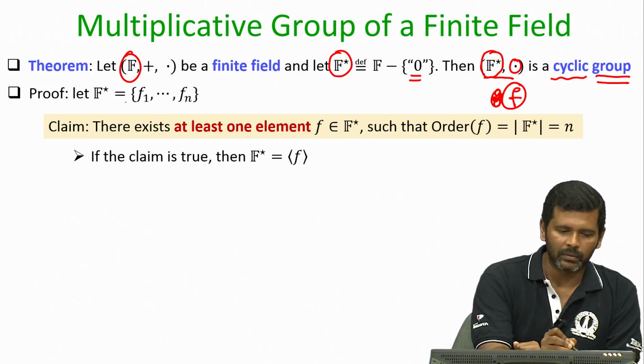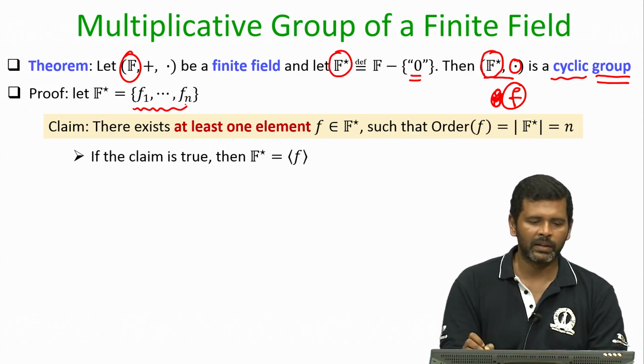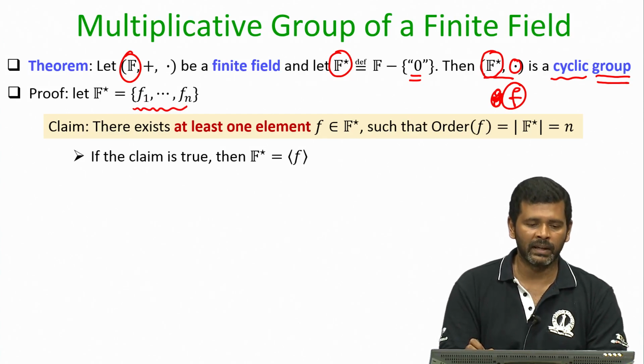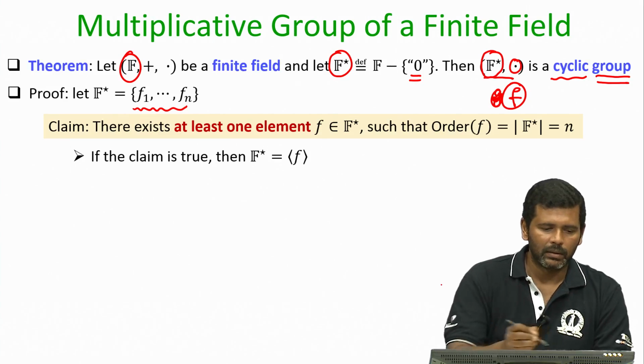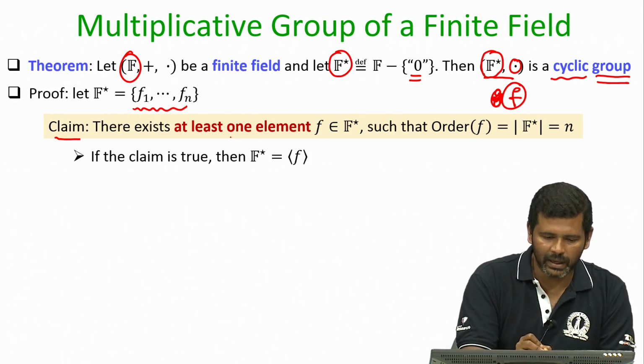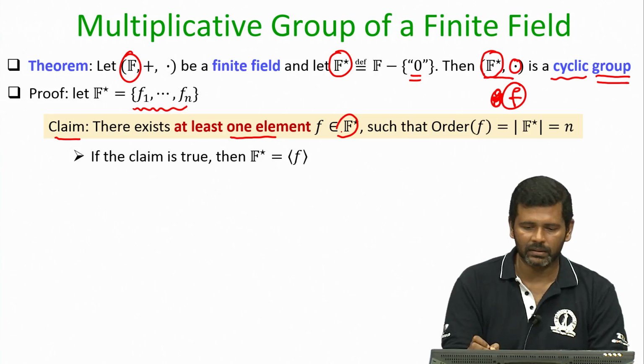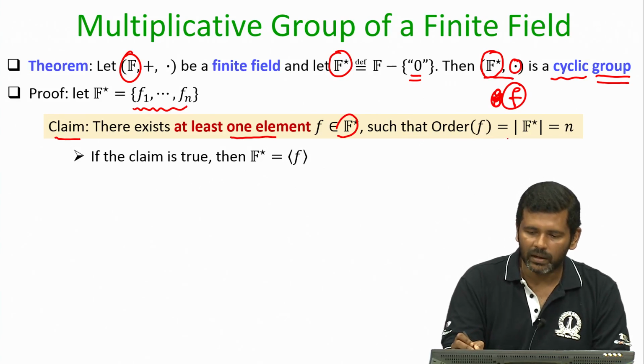Okay. So, the proof strategy here will be the following. So, basically I want to show the following. Imagine that the non-zero elements are f1 to fn, there are n such elements. My goal is to show the following. I am claiming here that there exists at least one element f in this collection F star whose order is n.